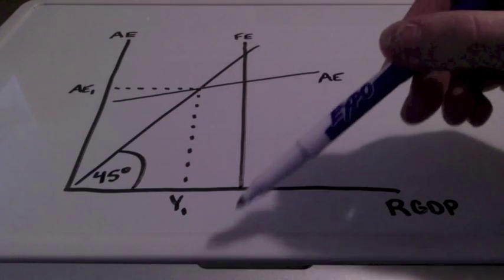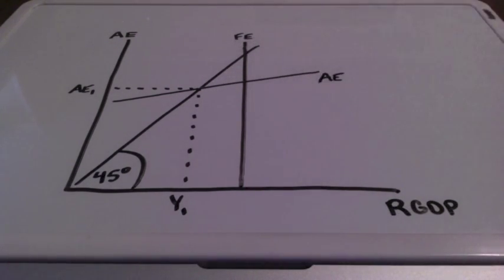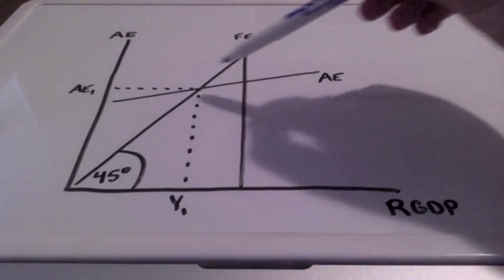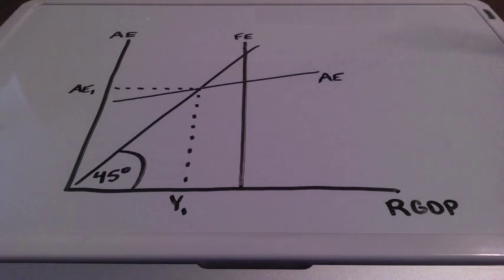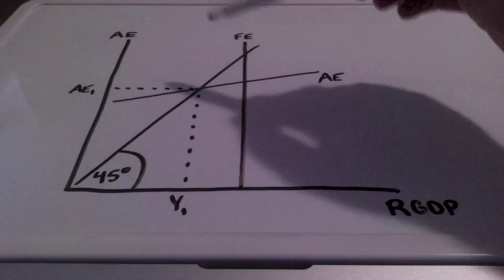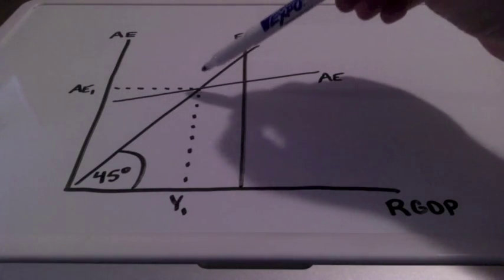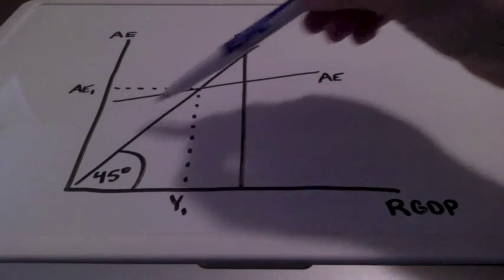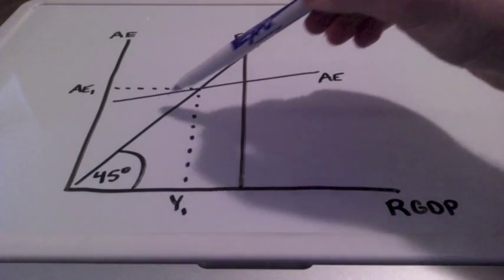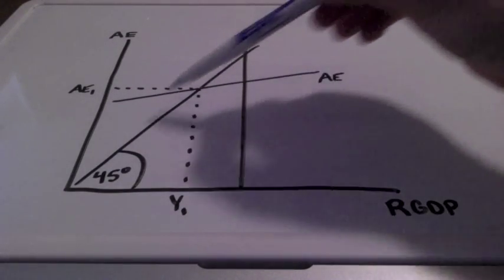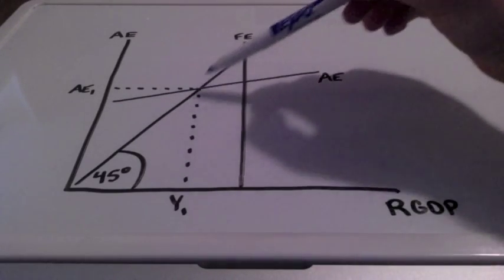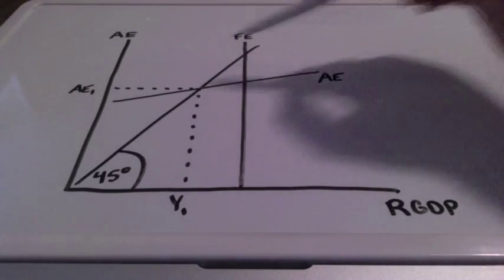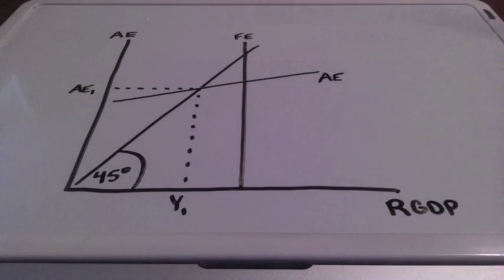We have a completely vertical line representing full employment, and we have an upward sloping line representing our current expenditure level. Where AE1 intersects with our total expenditure line, this 45-degree line, it's telling us our current planned expenditure level, AE1 and Y1.